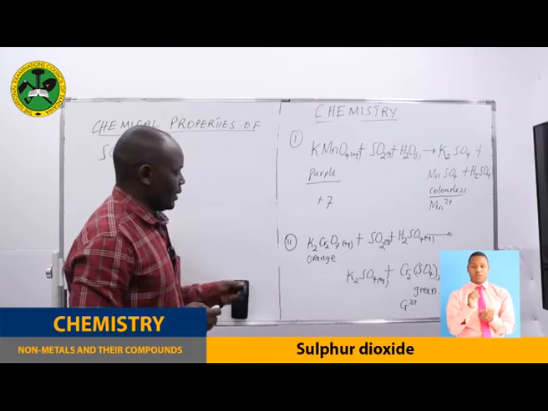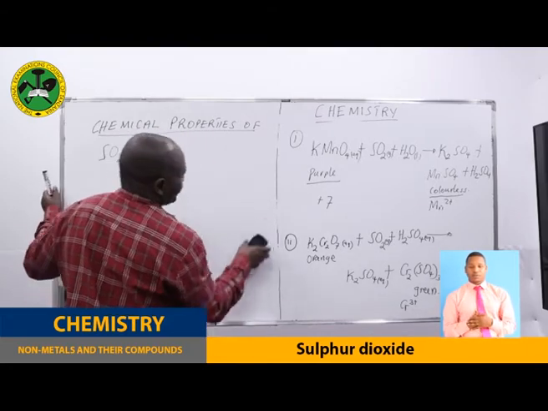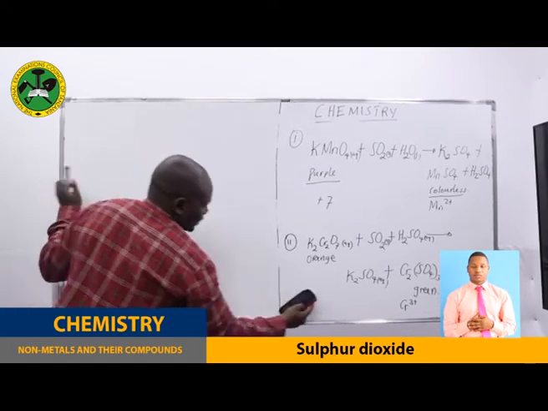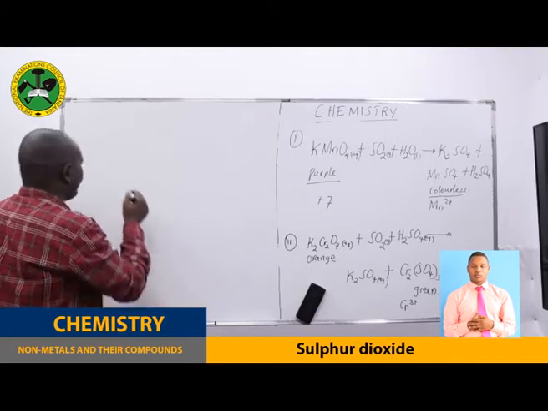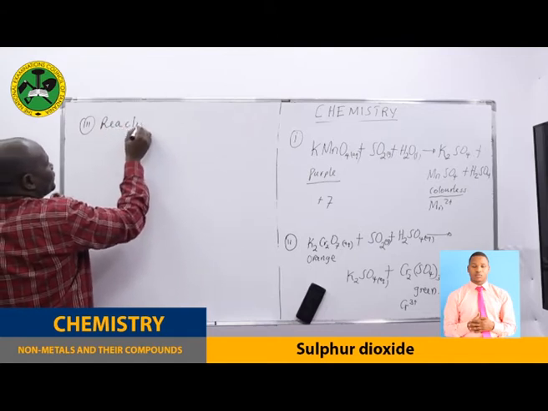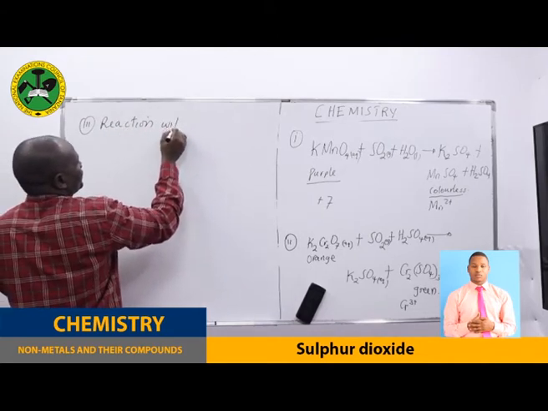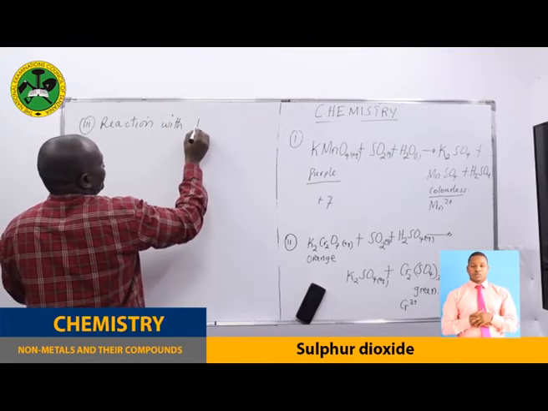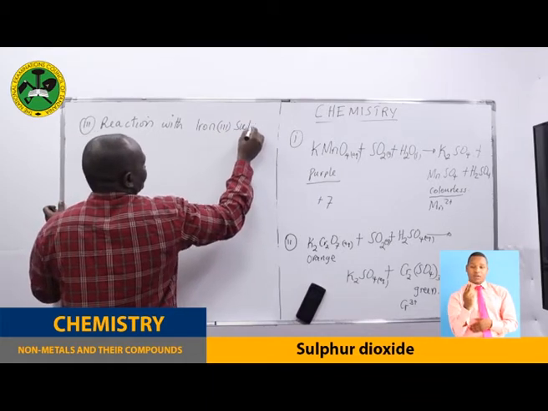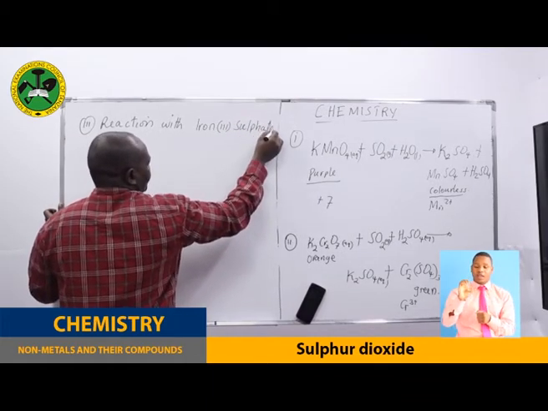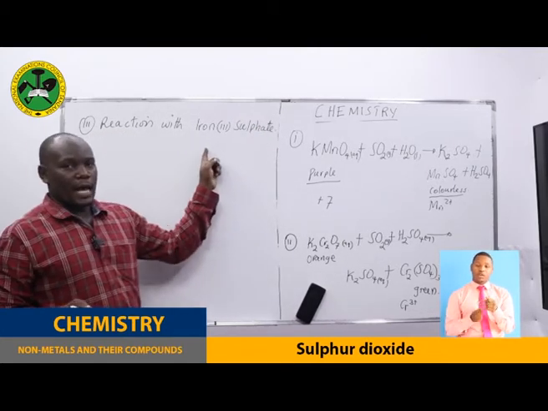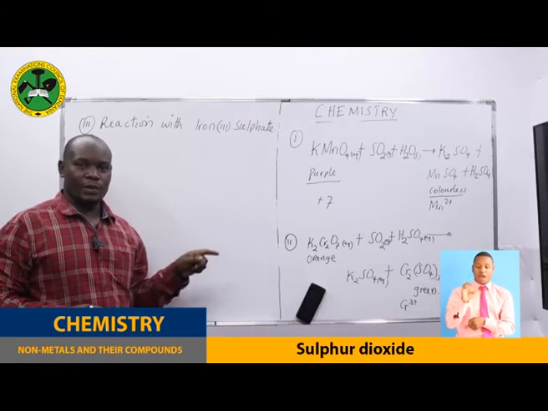So sulfur dioxide acts also as a reducing agent in the following reaction with iron 3 sulfate. So in this reaction, sulfur dioxide reduces iron 3 sulfate into iron 2 sulfate.